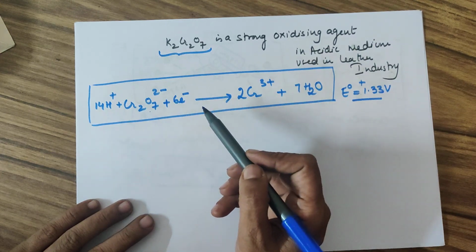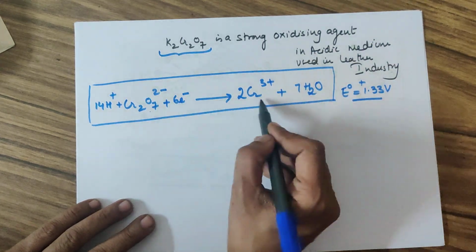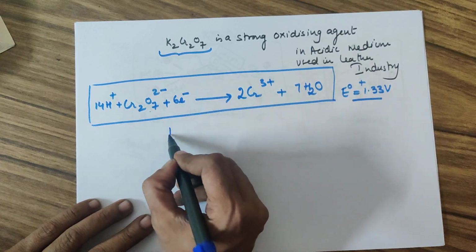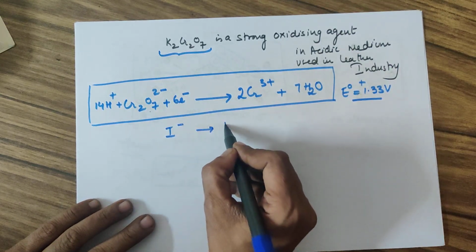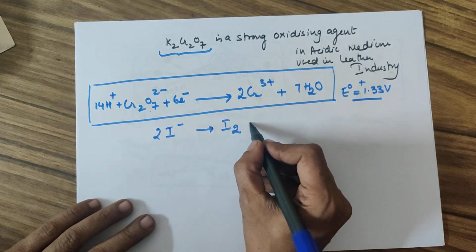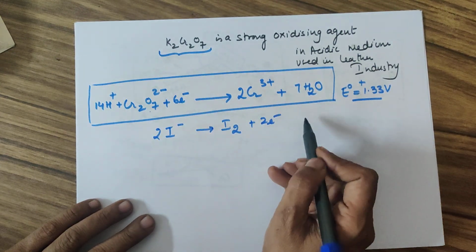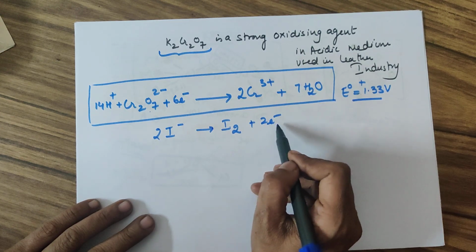Now if you are asked to give an example of a complete equation, what you can do is you can couple this particular equation with iodide transforming to I2. Balance it up, इसको twice कर दो. You will require 2 electrons here, but 6 को cancel करना है, so multiply this equation by how much? इसको मल्टीप्लाई करने के लिए यू नीड टू मल्टीप्लाई इट बाय 3.